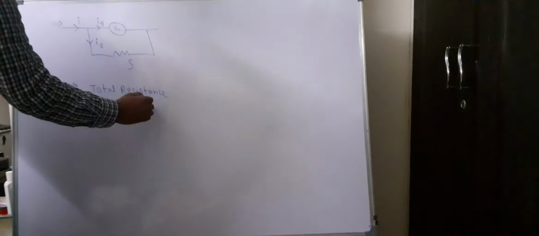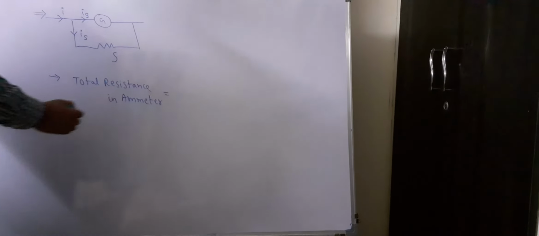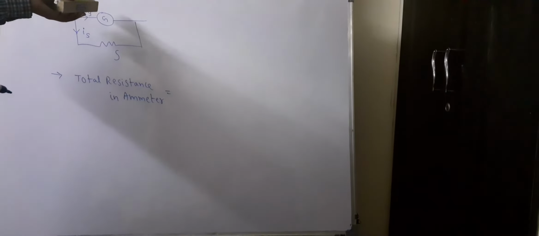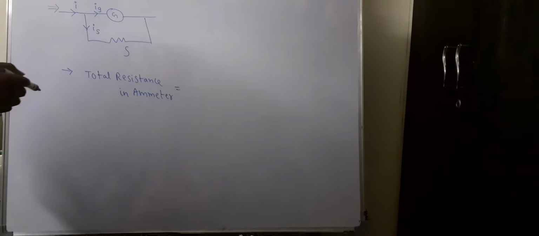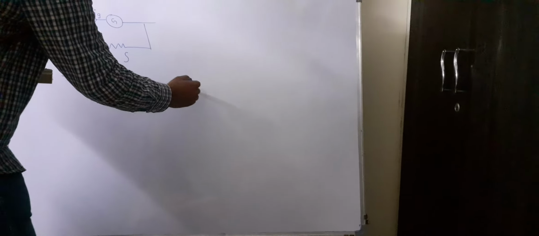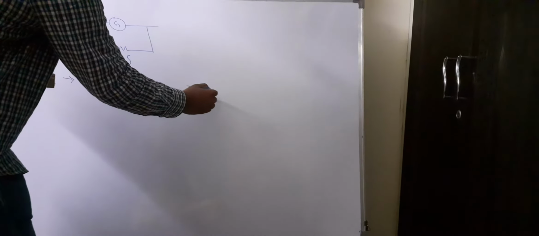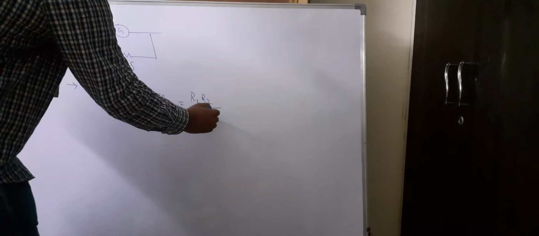In the ammeter, how many resistances are there? Two resistances: one is the galvanometer resistance, the other is the shunt. Both are connected in parallel. What is the parallel combination formula? R1 R2 by R1 plus R2.